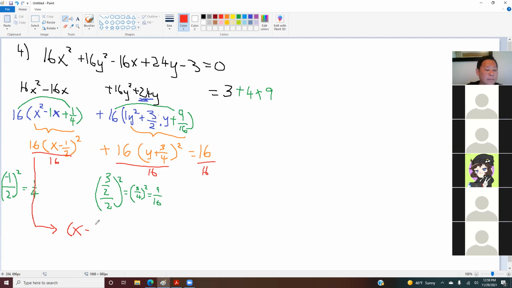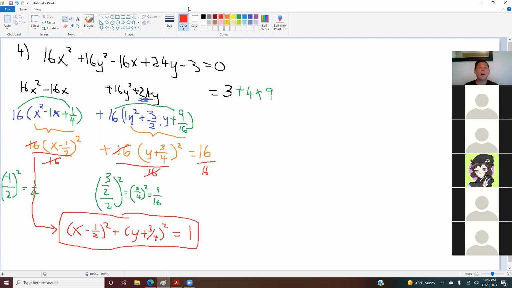I will get x minus half squared, because the 16 will cancel, plus y plus 3/4 squared. Again, the 16 will cancel. And this is equal to 1.